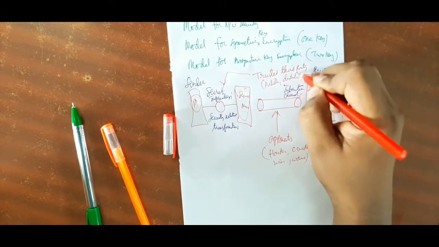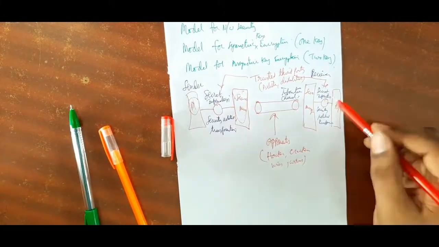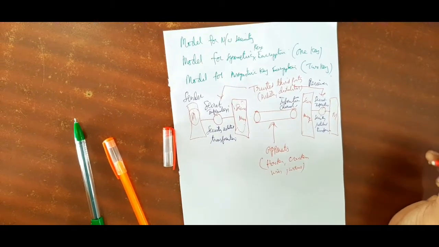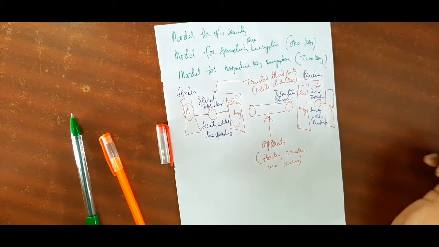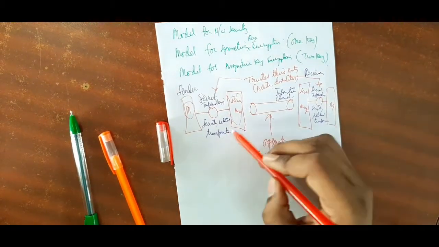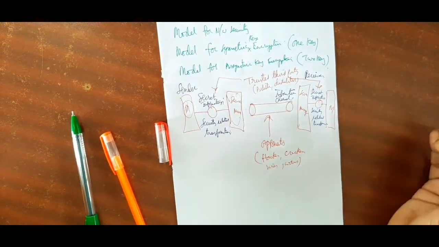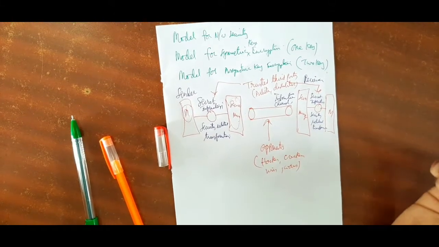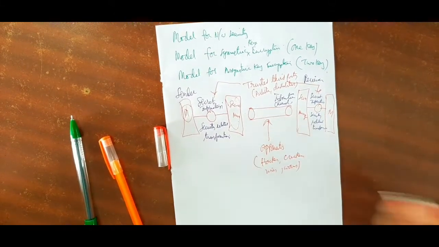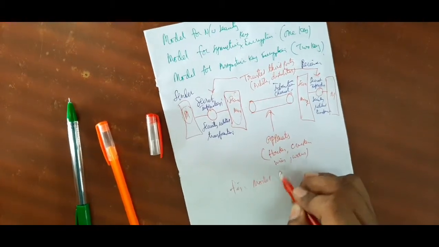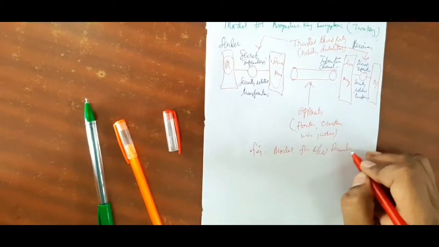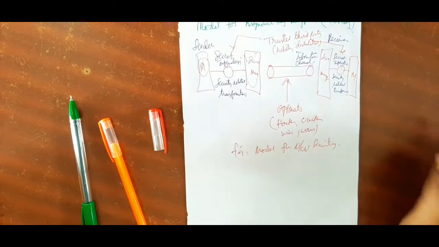They share the secret information with both sender and receiver, and in general terms we call the secret information a key and the security related transformation an algorithm that you use to convert the message to a secure message. So this is the figure for the model for network security, and by this we have completed topic number 1.